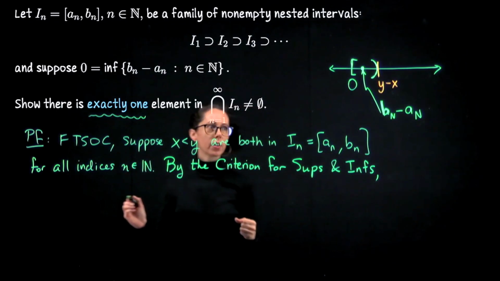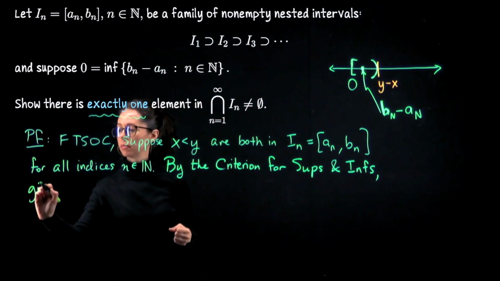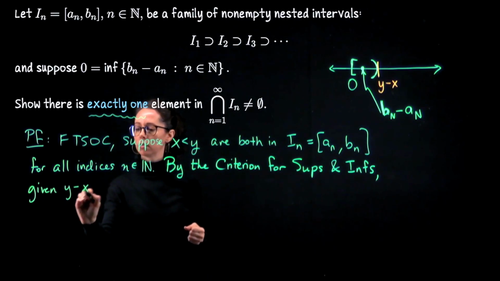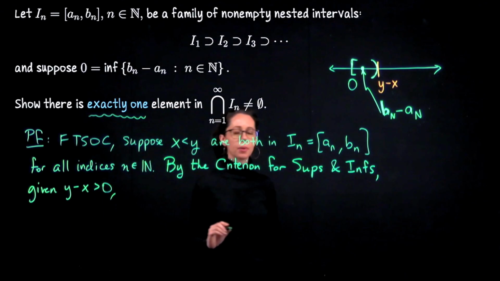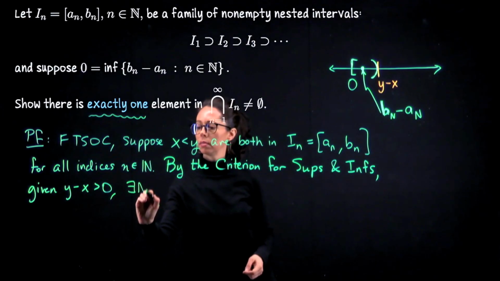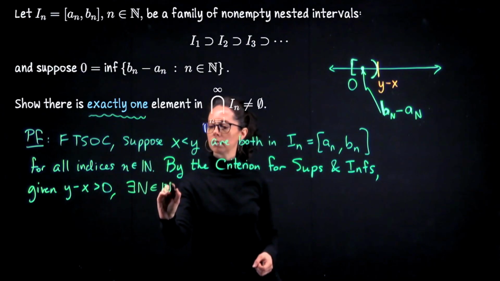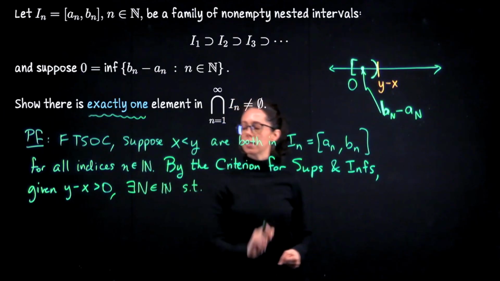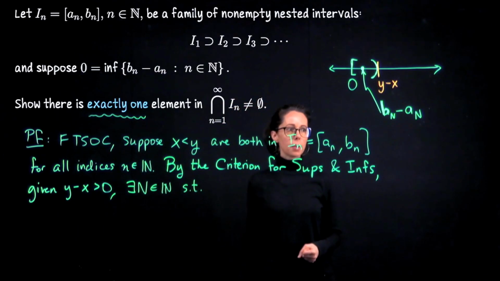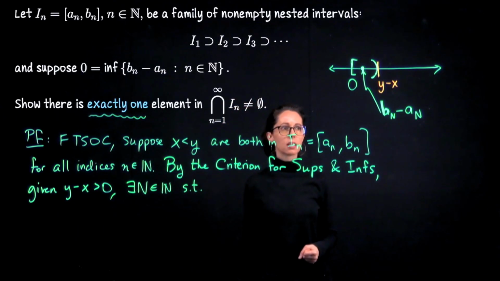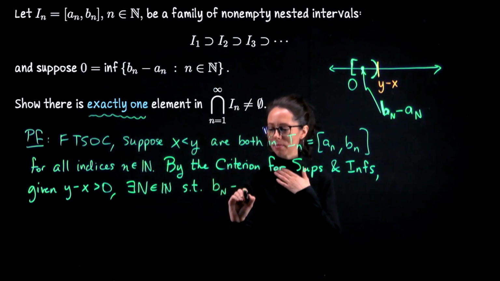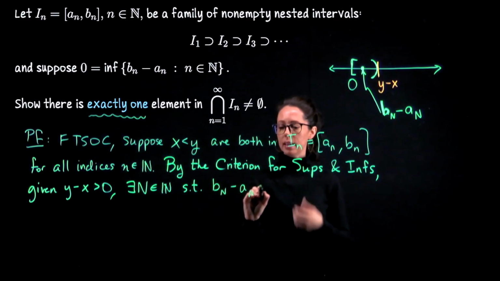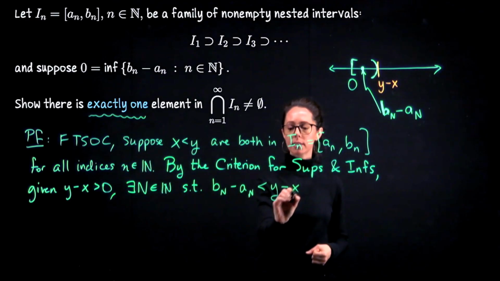Given y minus x greater than 0, there exists an index capital N such that b sub n minus a sub n is less than y minus x.